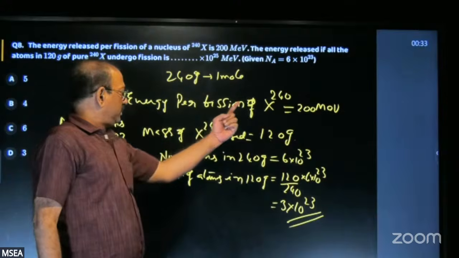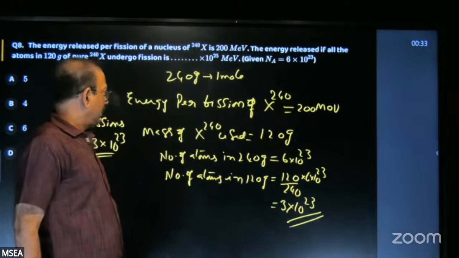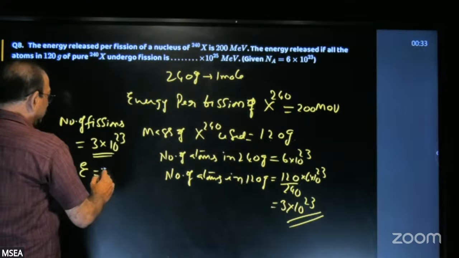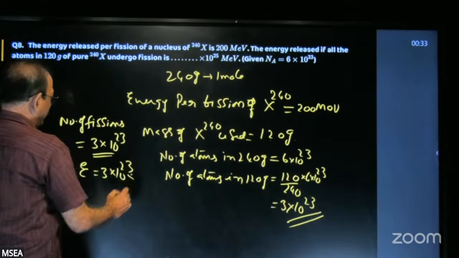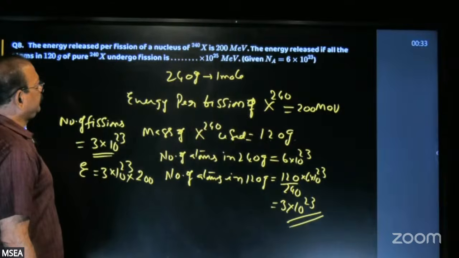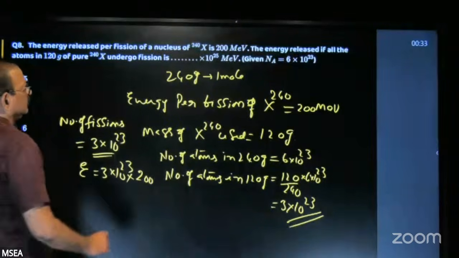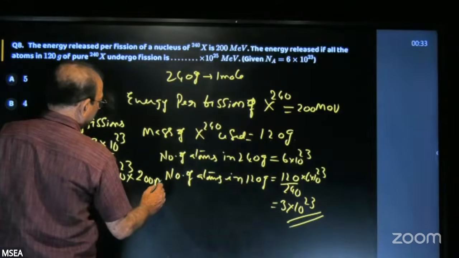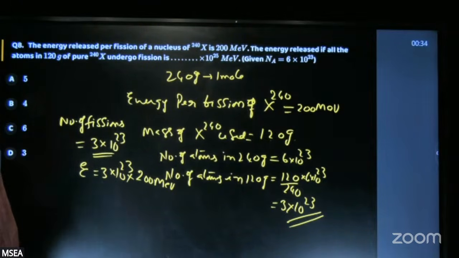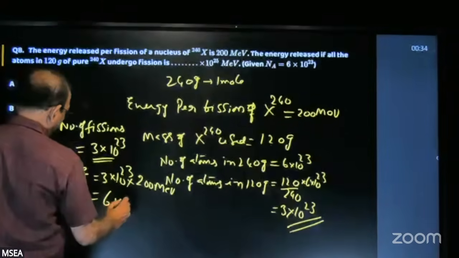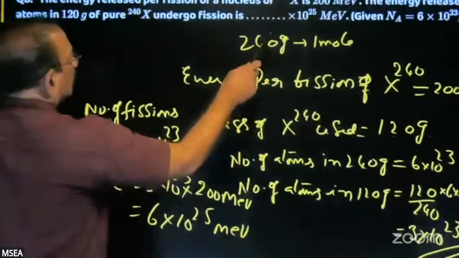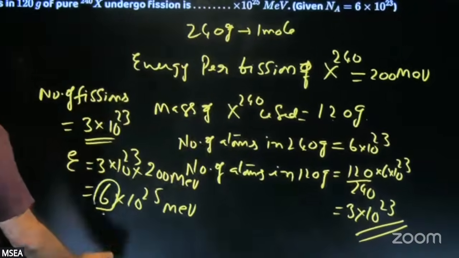In one fission, what is the energy released? 200 MeV. In this many fissions, what is the energy released? 3 into 10 power 23 into 200 MeV, that is 6 into 10 power 25 MeV.